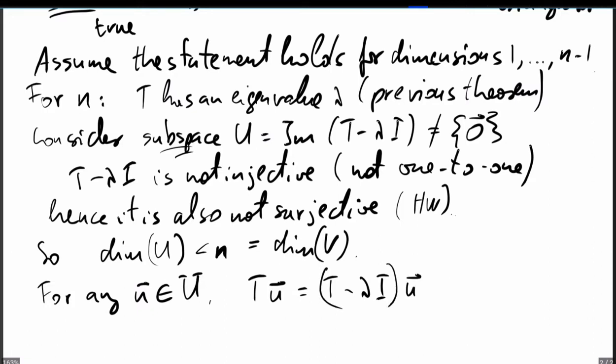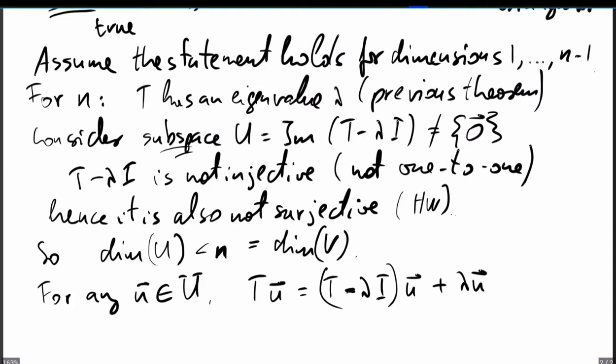We want to separate out one part with T minus lambda I, but then that's not the same. How can we compensate? Well, we simply add lambda times u to this. So lambda times u actually cancels the minus lambda I u.